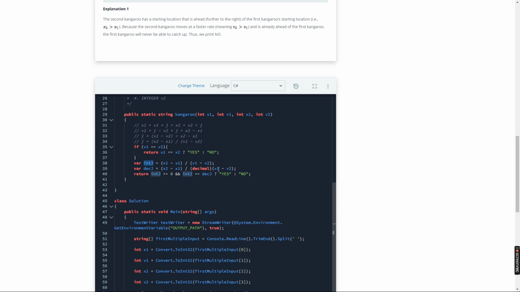And to get the decimal part, we just convert the denominator to decimal, and we'll get a decimal value. And we check if integer equals decimal. So that's one of the ways we can check it. And also we check if integer j is greater or equal to 0, and we return the corresponding line.